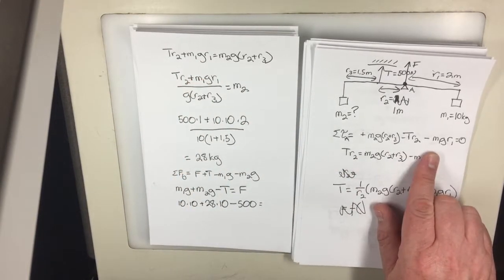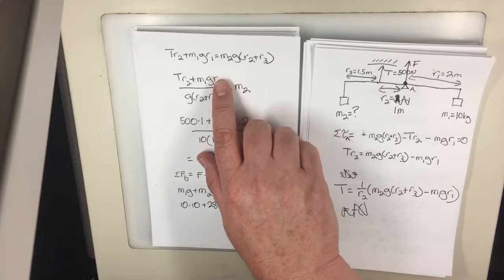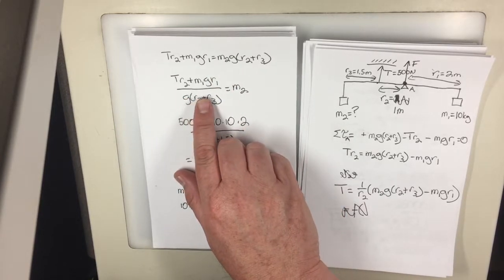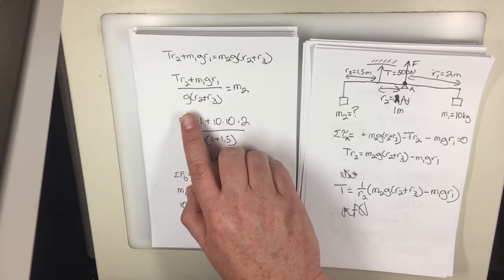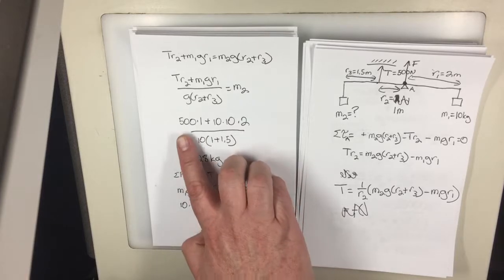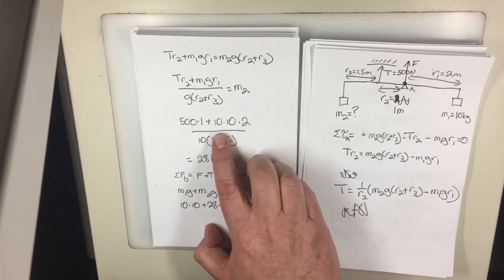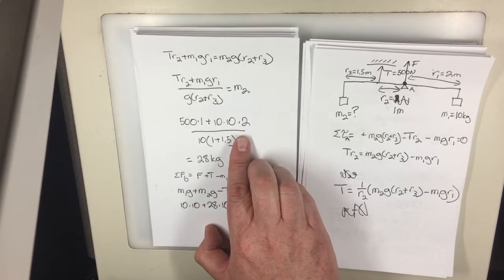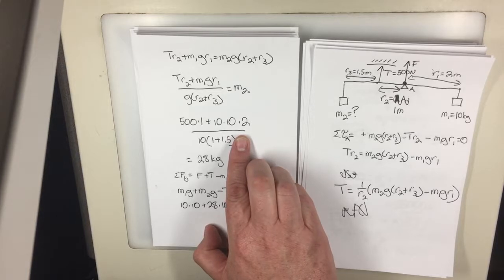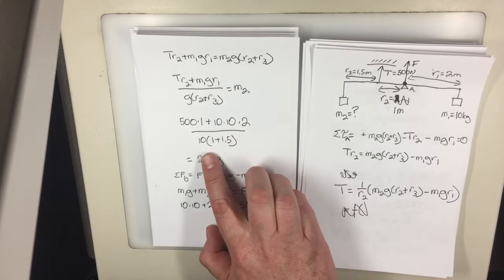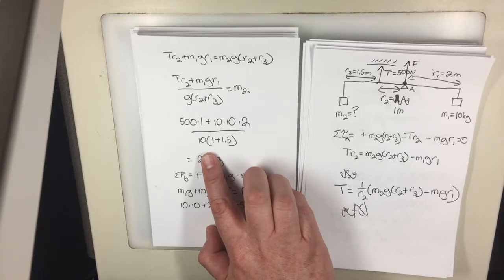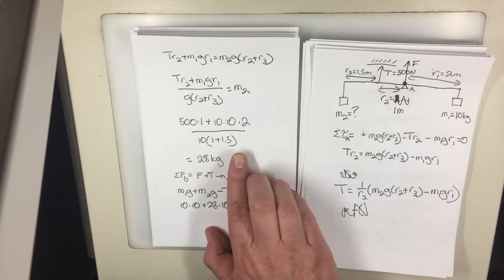That one becomes positive, that one becomes positive. So TR2 plus M1GR1 divided by G(R2 plus R3), tension is 500. 10, 10, 2 divided by R2 and R3, 1 and 1.5.